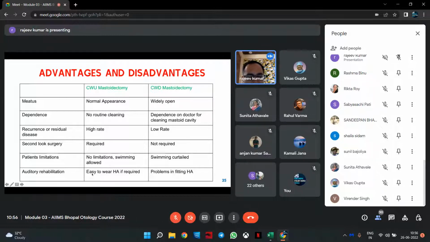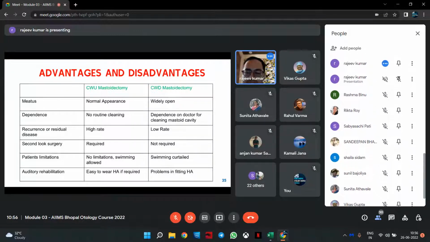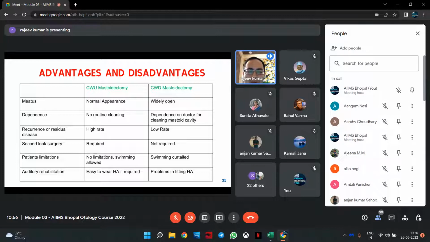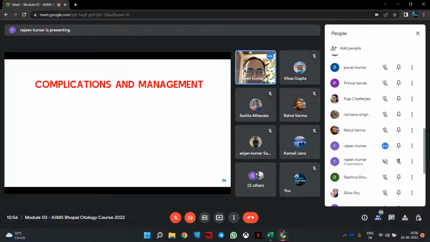Auditory rehabilitation is very easy in canal wall up because your meatus is normal appearing and the hearing aid is well fitted, as compared to the wide meatus where fitting a hearing aid is challenging, and because the cavity accumulates wax or debris in time, leading to recurrent infections if it is not cleaned regularly, and wetting of the hearing aid also. So these are the basic advantages and disadvantages of canal wall up and canal wall down mastoidectomies.